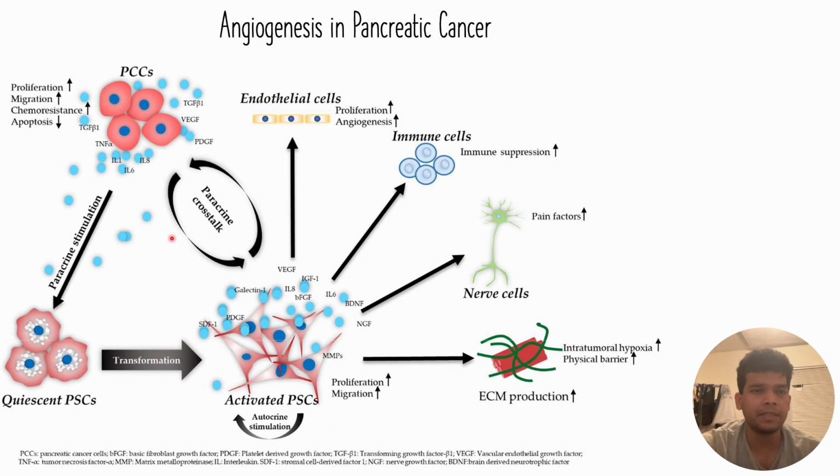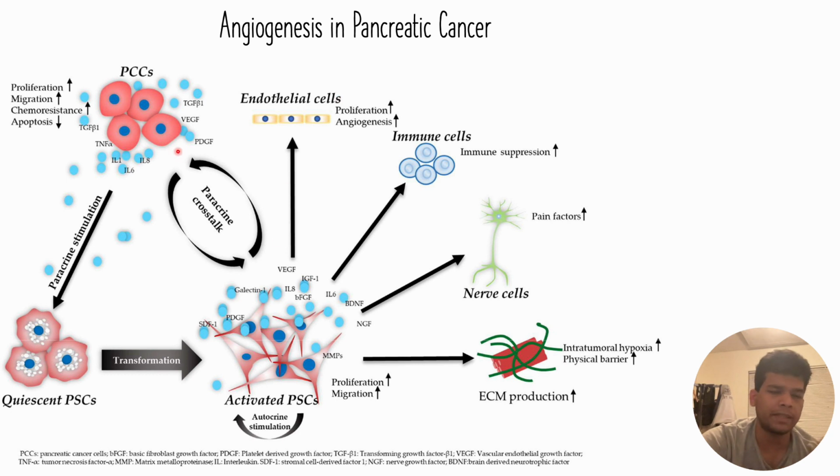This activated PSC directly crosstalks with the pancreatic cancer cells, and that helps in triggering several factors that help in the growth of the pancreatic cancers, some of which we have already covered in our previous videos, such as proliferation or angiogenesis.